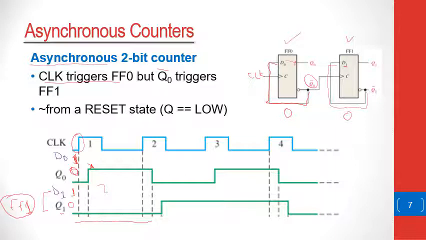Now, on the next rising edge of the clock, what would have happened? If we look at flip-flop number 0, we will see that since Q0 would be 1 here, it means that D0 would be 0.